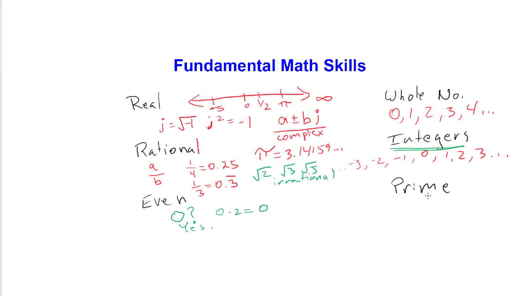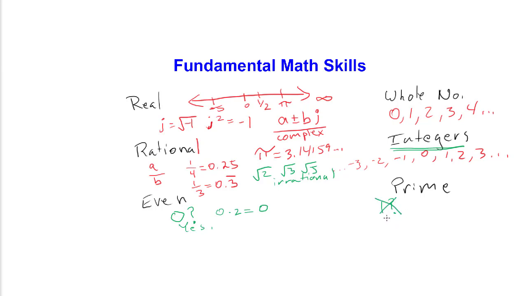What about primes? What's a prime number? Again, prime only makes sense in the topic of integers, so they must be integers. Is 1 a prime number? If we say a prime number is a number that's divisible by only 1 and itself, you'd think that might fit the definition, but the definition of prime actually excludes 1.